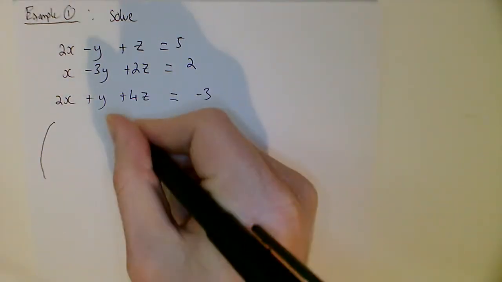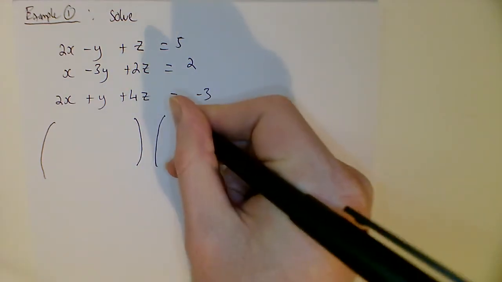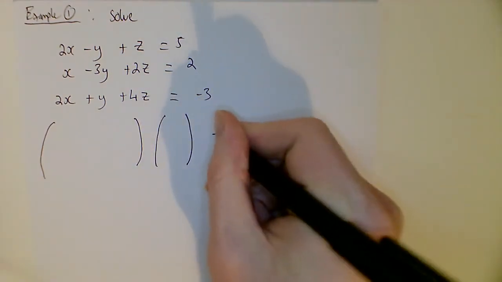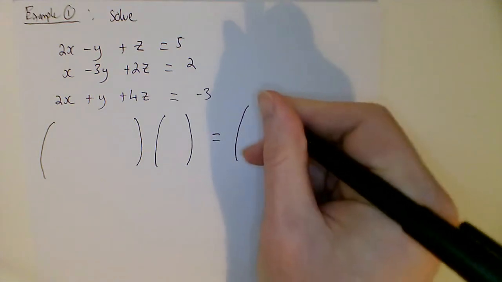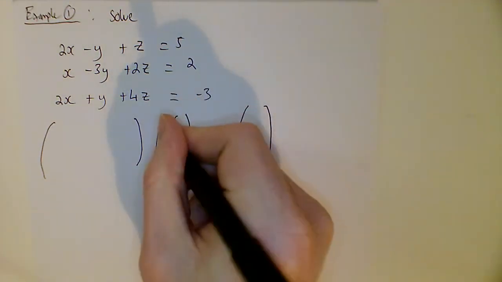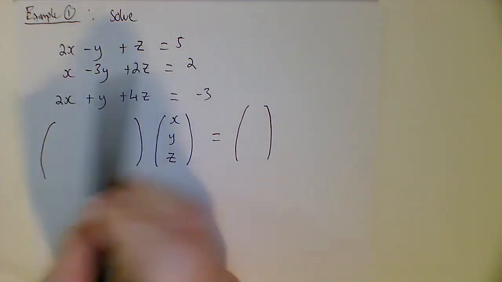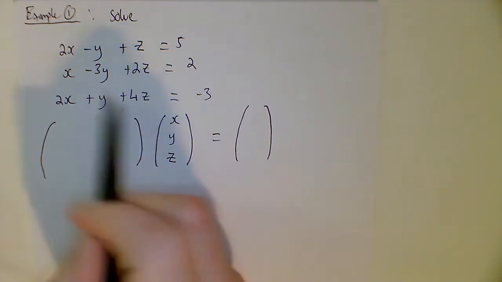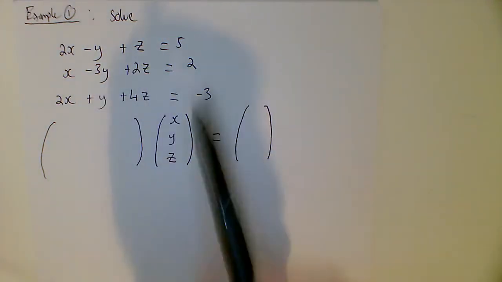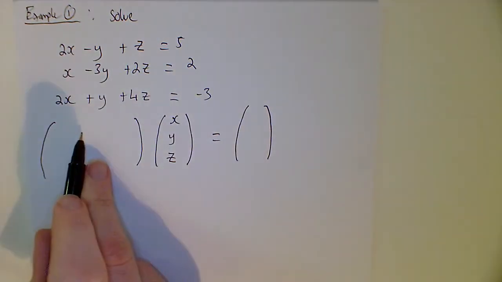So the variables that I've got are x, y, and z, in all 3 equations. So 3 equations, 3 unknowns, right? Then here is where I put in my coefficient matrix.